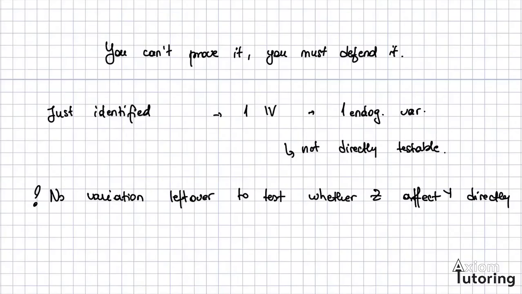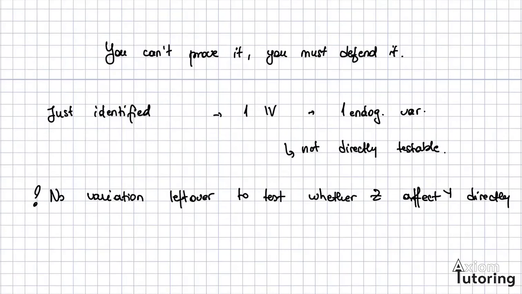This changes when you have more instruments than endogenous variables, in which case you have over-identification, because in that case you have leftover variation that can be used to at least partially test for the exclusion restriction. But that's in the next video. So instead of proving exclusion, economists build a credibility argument.